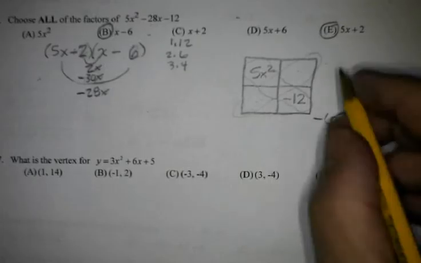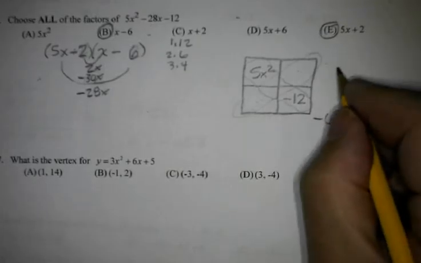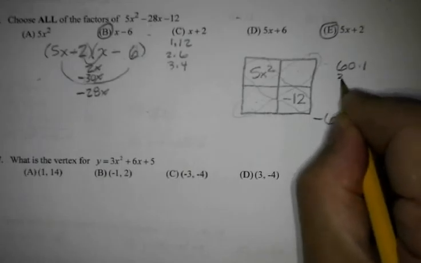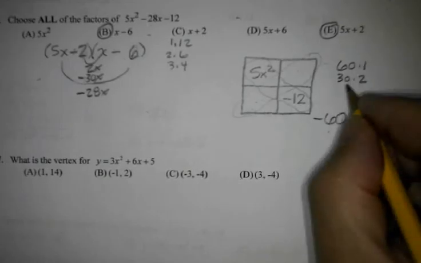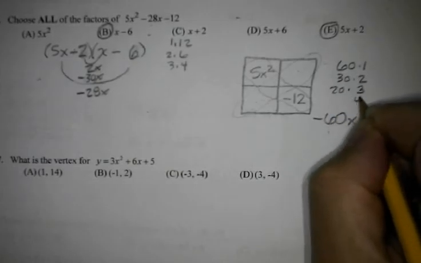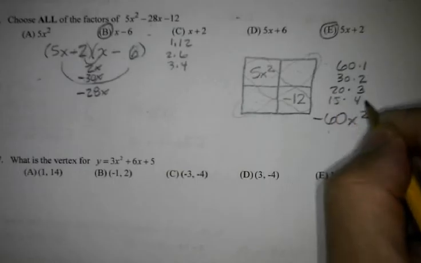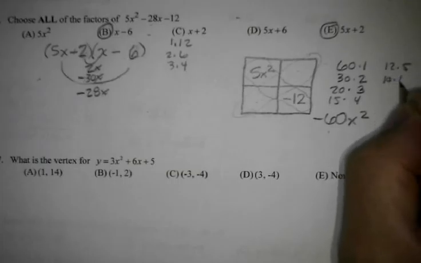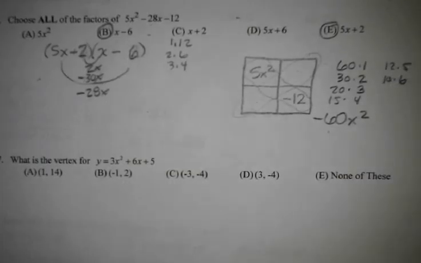To get 60, and again, I'm going to ignore the negative initially, I could do 60 times 1, 30 times 2, 3 times 20, 4 times 15, 5 times 12, and then 10 times 6. After that, the numbers start crossing back over each other.